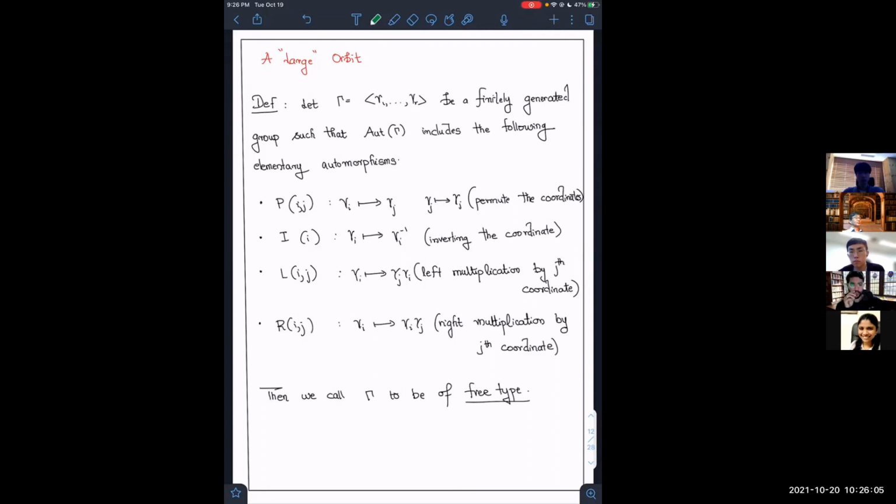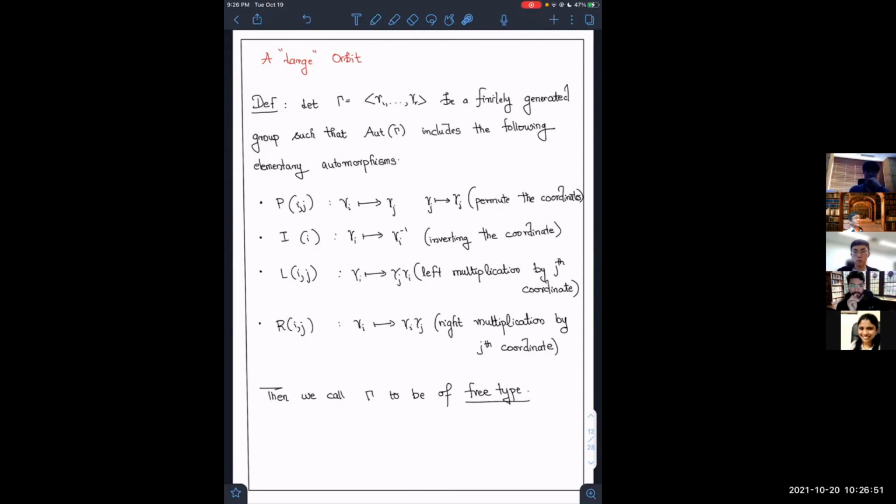Usually I work with free groups, but in this case we can generalize slightly more, because I just want the automorphism group to have certain properties. Suppose gamma is a finitely generated group such that the automorphisms of gamma allow elementary types of automorphisms. The first is permutation of coordinates: if you have an N-tuple, we should be able to permute them.